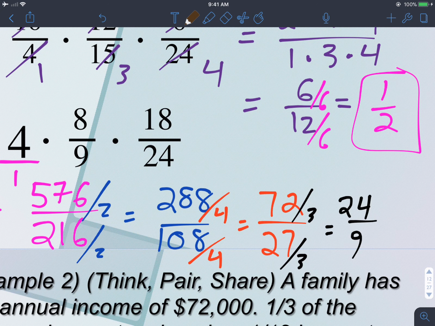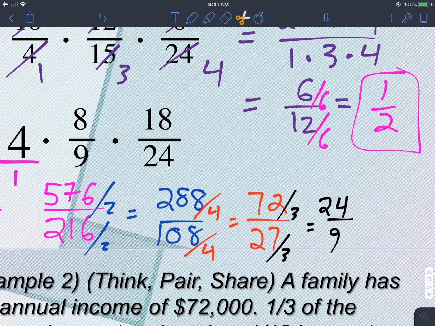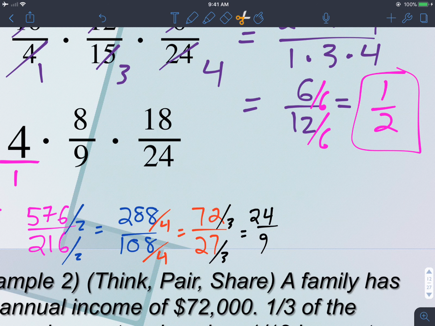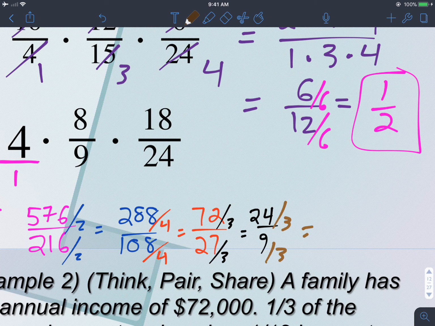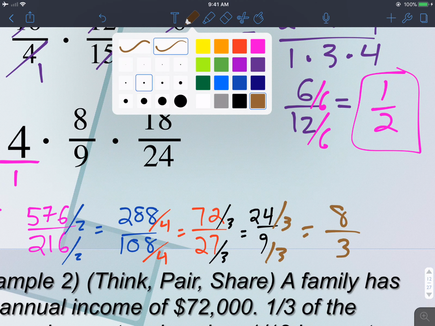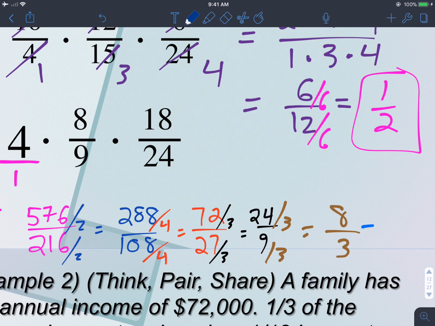All right, I don't think there are any more factors. Are there? Oh, there is. Yeah, you can do 3, right? 8 over 3. There we go. I feel your pain.